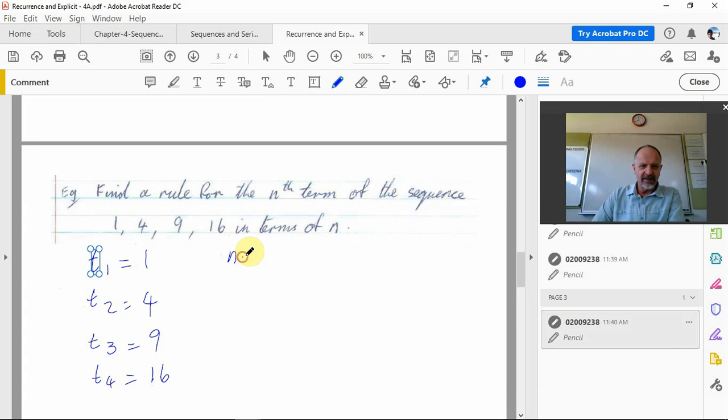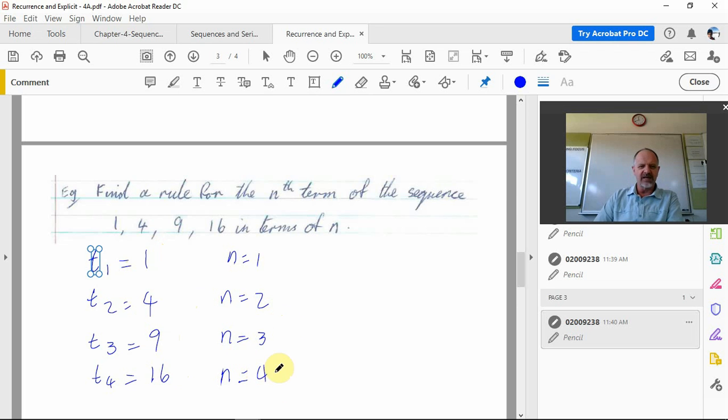For this one n equals 1, this one n equals 2, this one n equals 3, this one n equals 4. So we've got to think about how we can get 1 from 1, 4 from 2, 9 from 3, and 16 from 4.